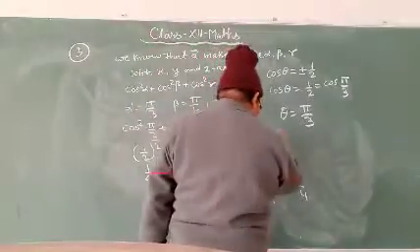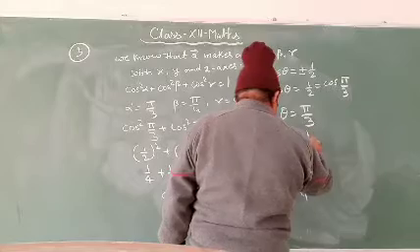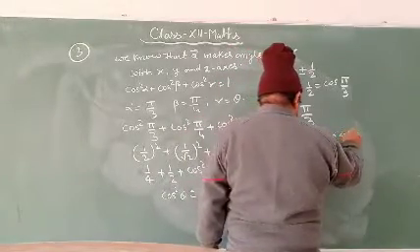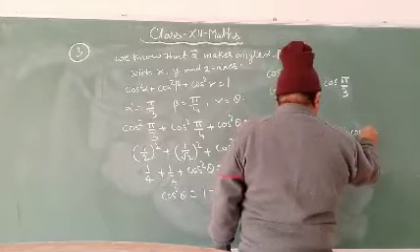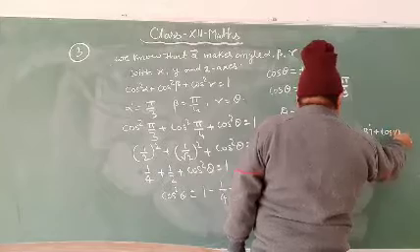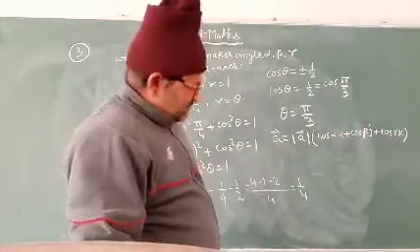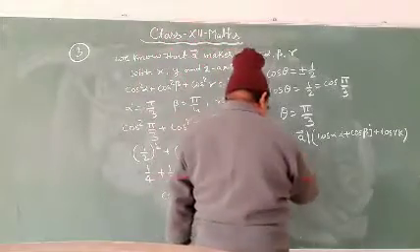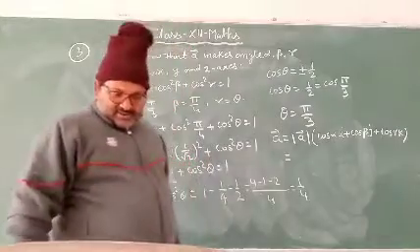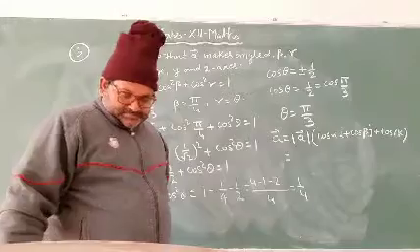So the vector A is equal to modulus of vector A times (cos alpha i plus cos beta j plus cos gamma k), and mod A equal to 1.